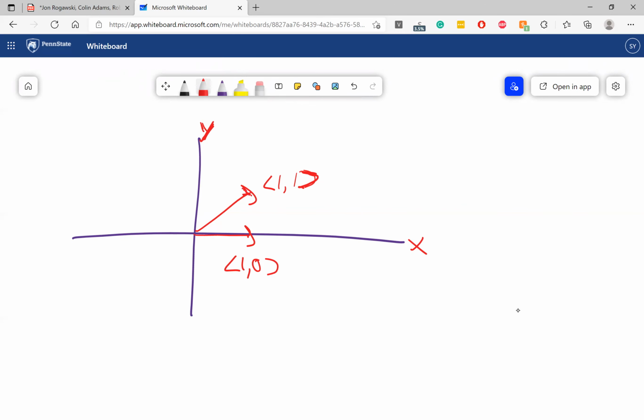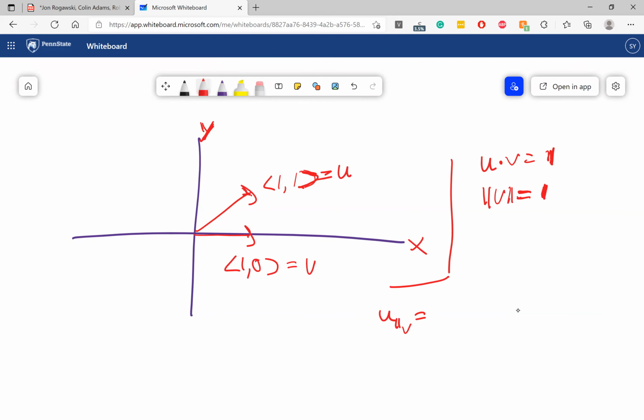Well, let's do it quickly. So this is going to be your U, and this is going to be your V. So you're looking for U projected onto V. First, we want to find the dot product. U dotted with V is going to be 1. Now we need the magnitude of V. Well, the magnitude of V is also 1.